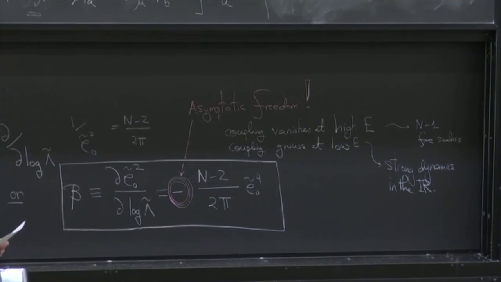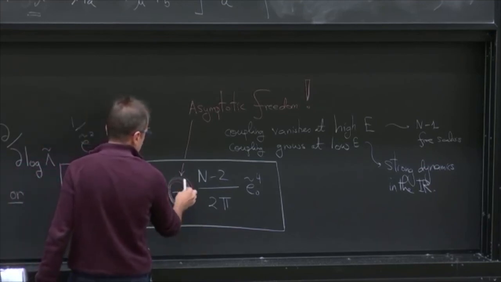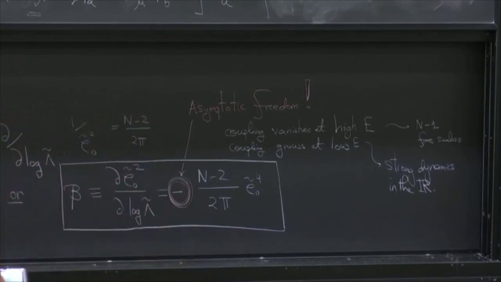This is exactly as for the real world, where pure Yang-Mills at very high energy gives free gluons. At very low energy we get some non-trivial dynamics of glueballs, and we get a mass gap, and we get a very non-trivial theory. And so that's why this minus sign is so great, and why people love this theory so much. It is like a toy model for four-dimensional chromodynamics, which also has asymptotic freedom, as I'm going to recall at the beginning of the next lecture.